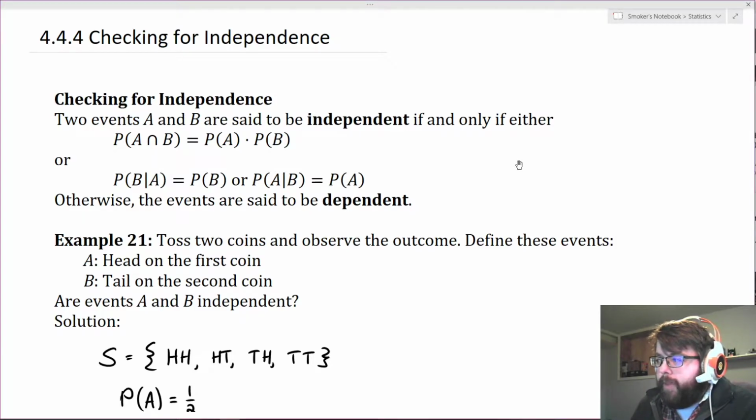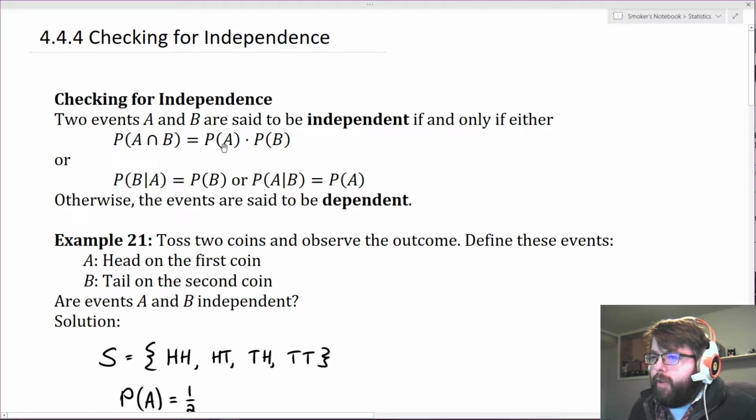If I pull a second ball out, and I already pulled a red ball out, that changes the number of balls in the basket. So doing that twice would be 2/10 the first time, but it won't be 2/10 the second time. So 2/10 times 2/10 would not match what the intersection is. Okay, that's how you can check for independence.